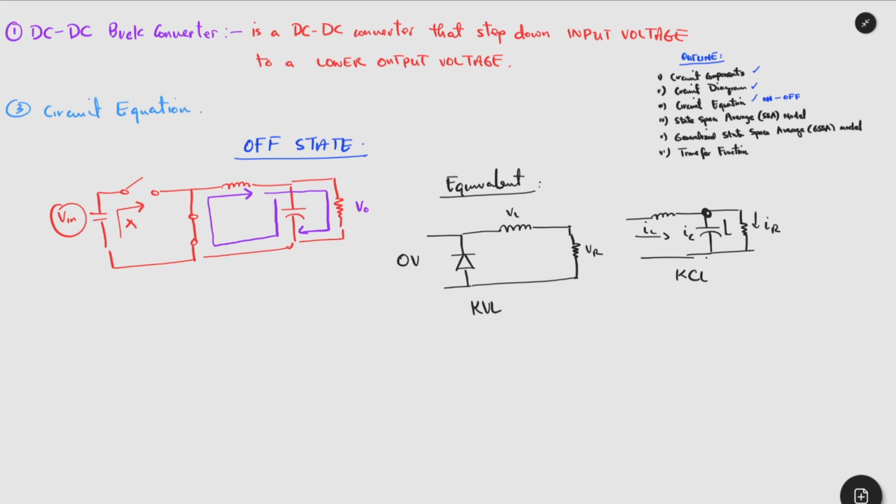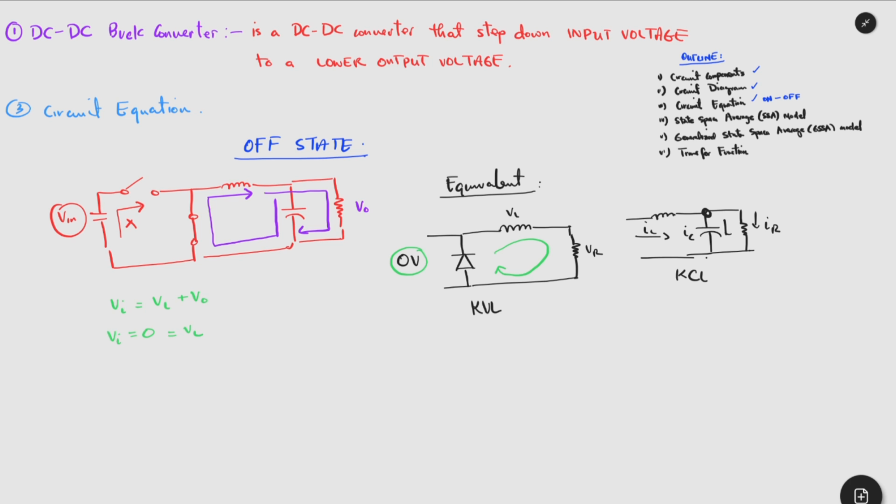Therefore, by applying a KVL, since this is a closed loop circuit, we now will have the V in, which is equivalent to VL plus V0, which is our previous equation where we have the voltage source which is connected. And in this case, we know that from the circuit, the V in is equivalent to 0 because we have the input to the circuit which is 0.